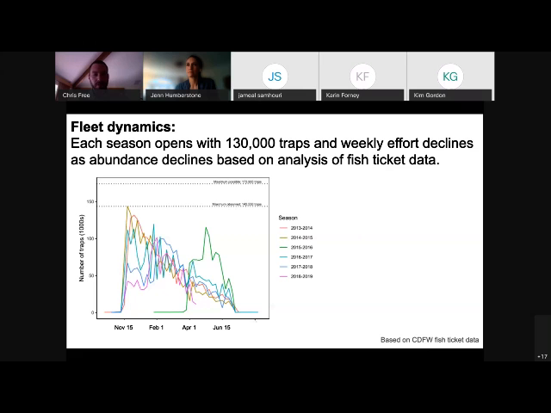And from those reconstructions, we can learn a little bit about how to simulate the fisheries. So we've tuned a fishing dynamics model that reduces effort in response to declining abundance as fishing is removing crabs. And so just briefly, the model works where the season opens with 130,000 traps. And that weekly effort declines as abundance of the crabs declines.